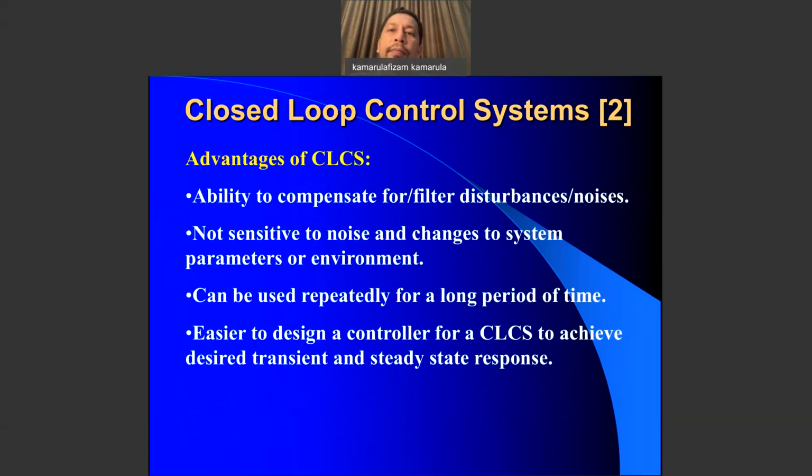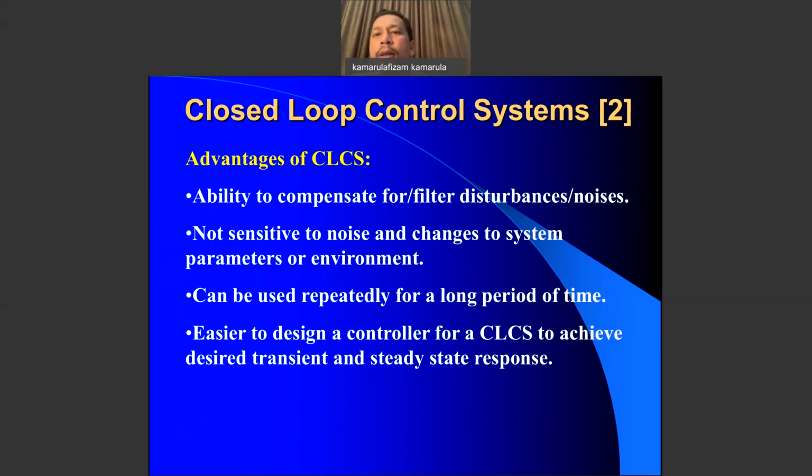And the closed loop system is basically not sensitive to noise or changes to the system, because all the parameters that may influence the control system are taken into consideration and calculated, meaning that the system corrects itself by using the feedback signal.